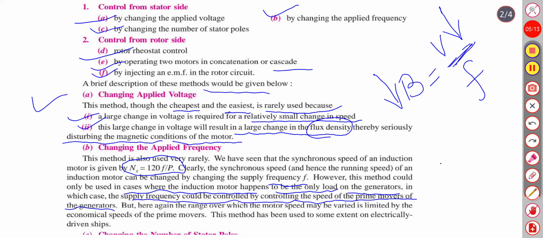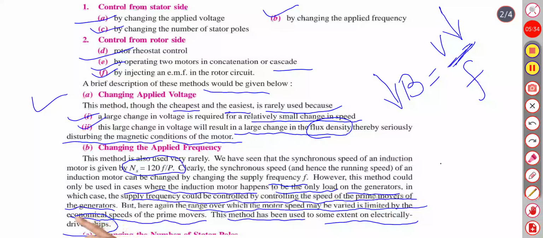But here again the range over which the motor speed may be varied is limited by the economical speeds of the prime mover. This method has been used to some extent on electrically driven ships.